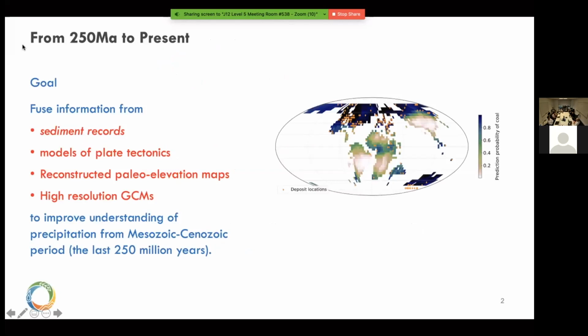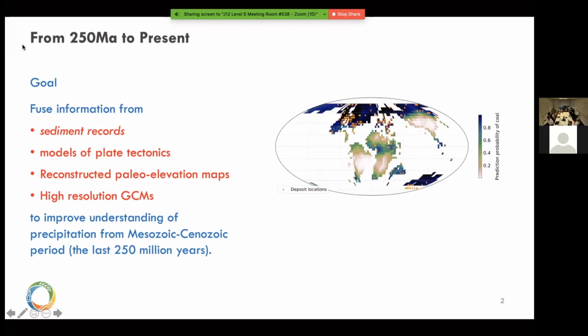The goal is to fuse information that's available from a number of sources: sediment records, and models of plate tectonics. That's one of the areas of expertise that Dietmar Müller and the group work on in geosciences. They have models for how plate tectonics have moved over time, and that's clearly going to shape climates, because continents grouping together or being far apart, and how much sea goes in between continents, is all very important for climate.